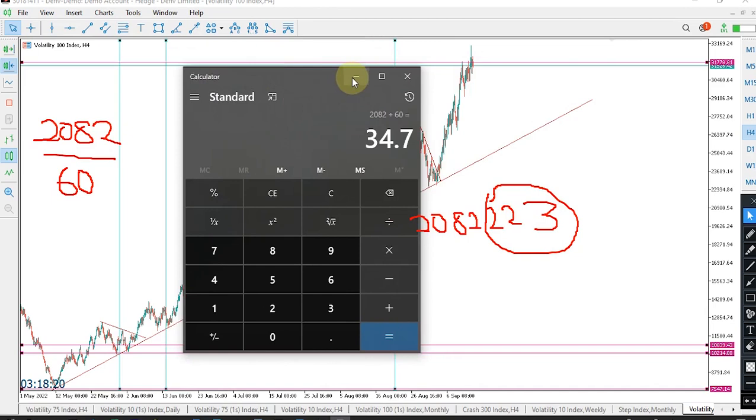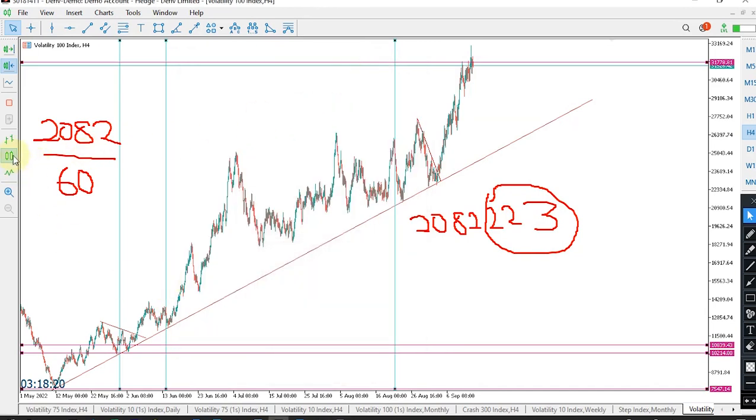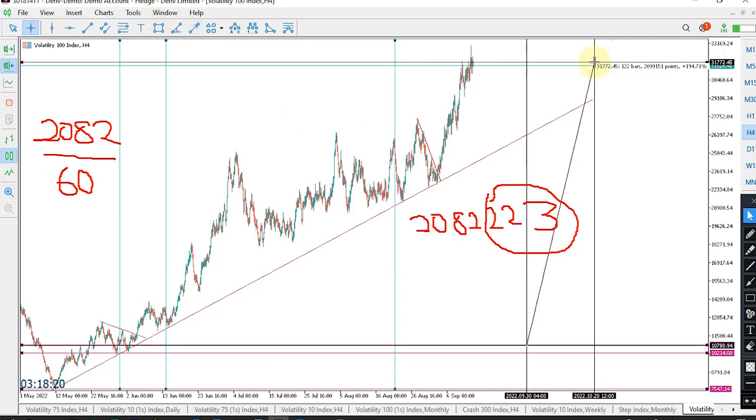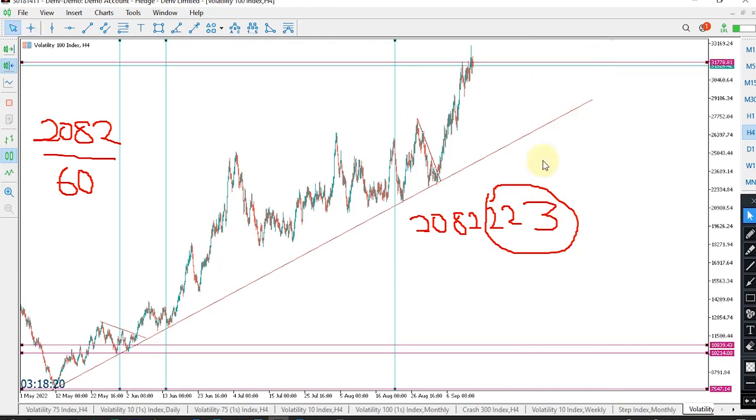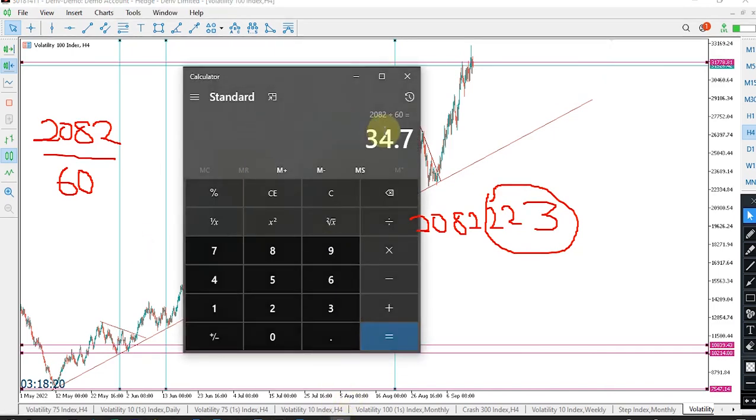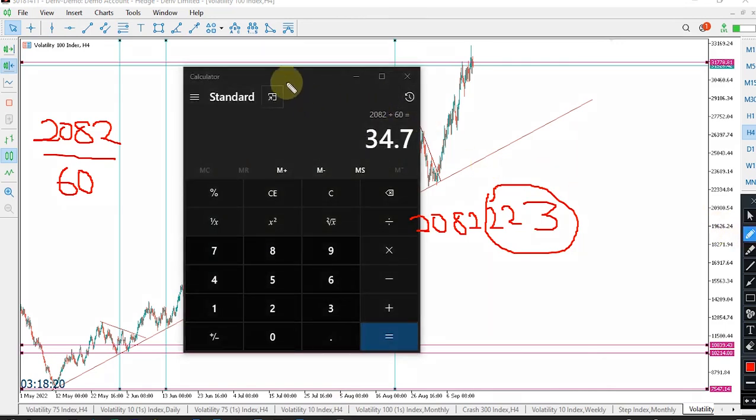No, I need to double check this. Yeah. It's 4 figures after. Yes, I'm correct. So this is a risk to reward ratio of 1 to 34.